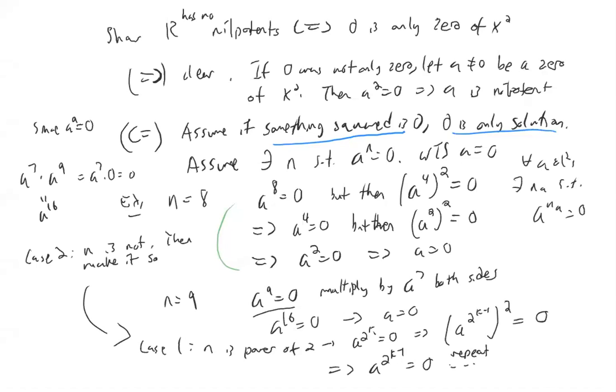So how are you going to show 0 is not the only zero of x squared? If you're doing contrapositive, you're showing if R has nilpotents, then x squared has a zero other than 0, right?